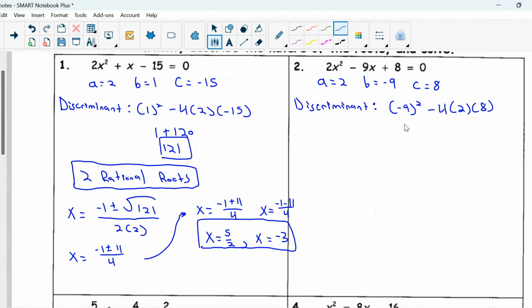So negative 9 squared gives me 81. Negative 4 times 2 times 8 gives me negative 64, which simplifies to be 17. So 17 is not a perfect square, yet it is a positive number. So looking back at your chart, that indicates that we will have two irrational roots.